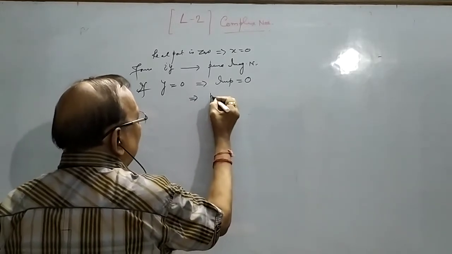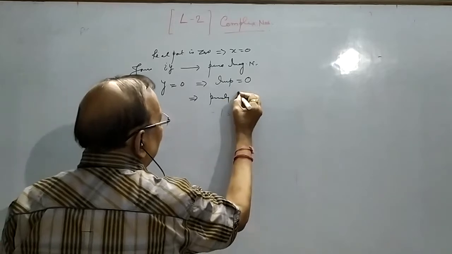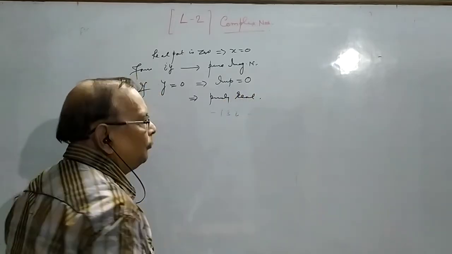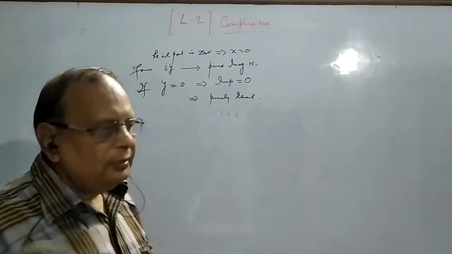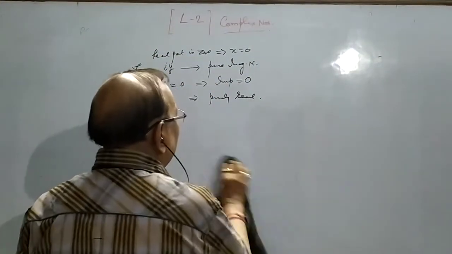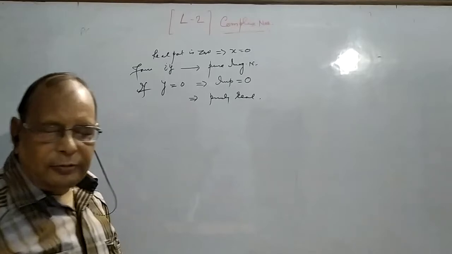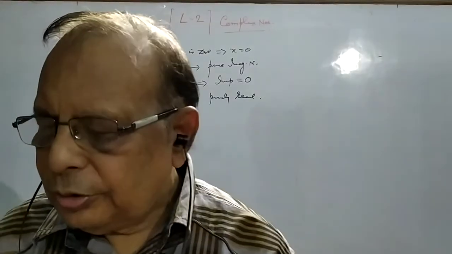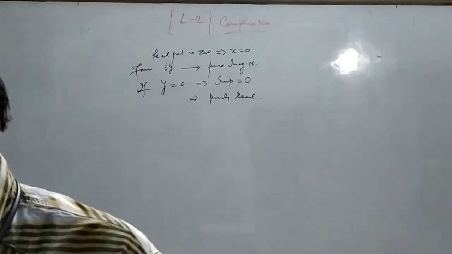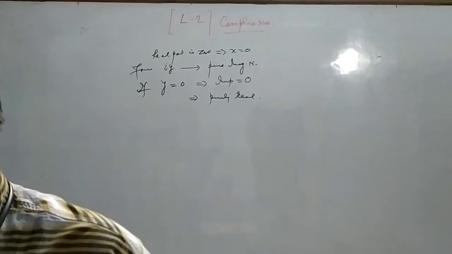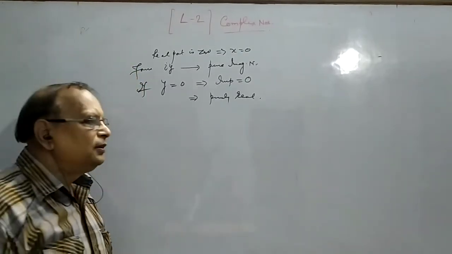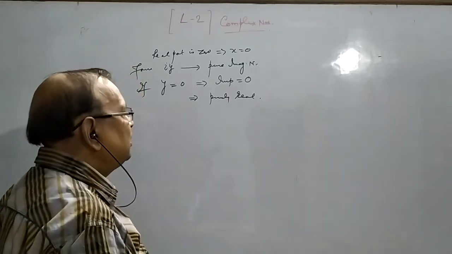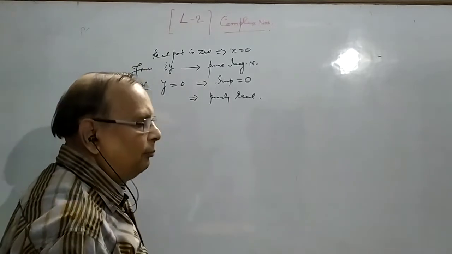A number is purely imaginary or purely real. These are the numbers. We have already used real numbers. These are called purely real numbers, just like 2.3, root 3, these are purely real.